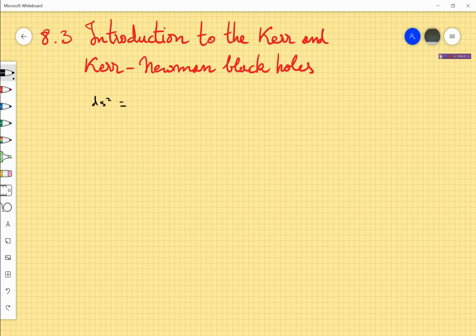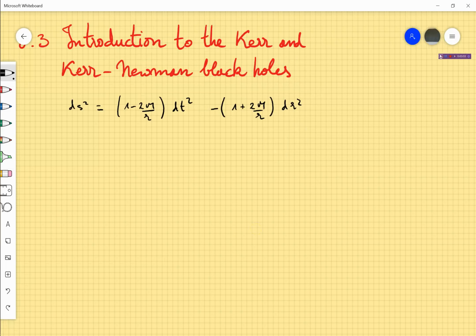and it has pieces that you should recognize, because this is the asymptotic behavior of the Schwarzschild metric. The dr squared: remember that in the Schwarzschild metric, this is (1 minus 2m divided by r) to the power minus 1. But obviously, if you expand for large values of r, you keep only the first term in 1 over r.